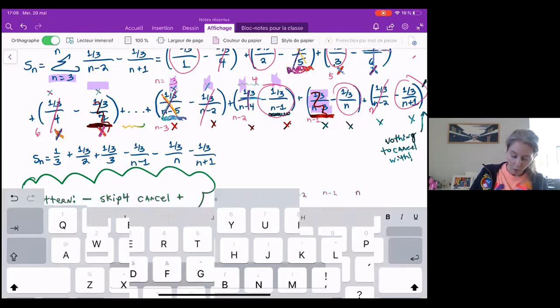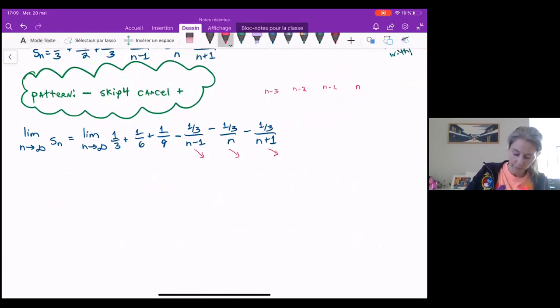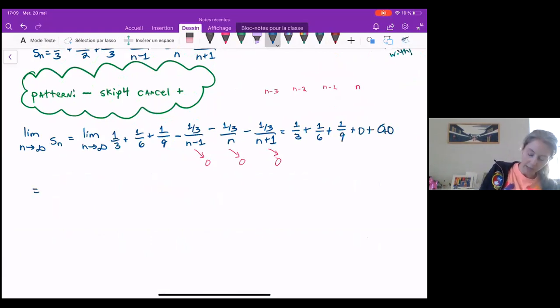Zero, you got it. They're all going to 0. Which means that this is equal to 1/3 plus 1/6 plus 1/9 plus 0 plus 0 plus 0. So that is 6 plus 3 plus 2 over 18, which is 11 over 18.